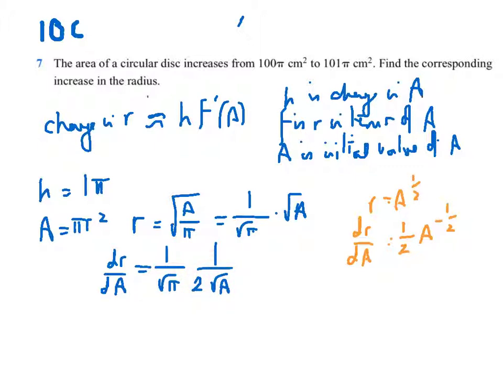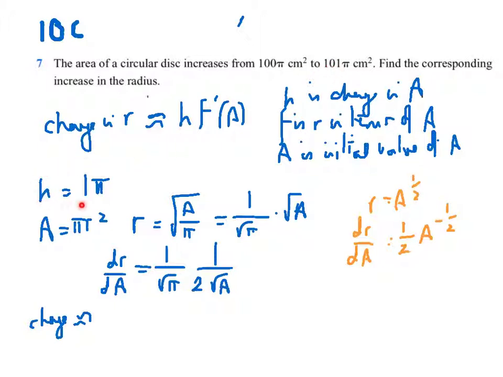So we're now ready to fill in all the bits of our equation. The change in R is approximately equal to h f dashed of A, where A now is the initial value of A in the equation. So change is approximately equal to h. Now what is h? Well, the question tells us that the area has gone from 100 pi to 101 pi.